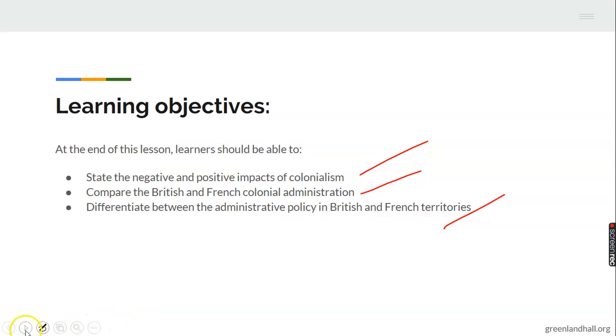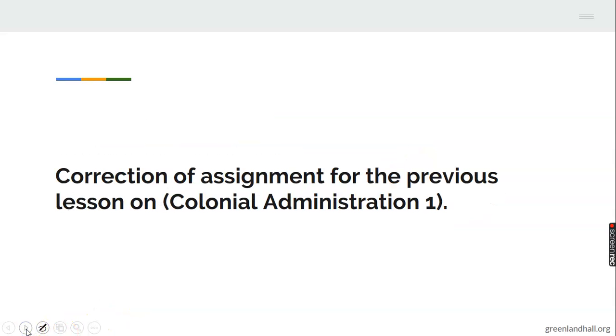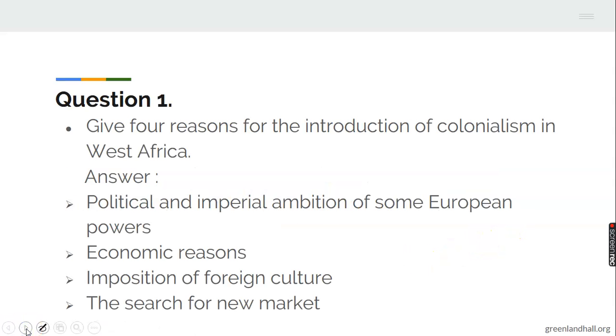Before we proceed, let us look at the correction of the assignment for the previous lesson on Colonial Administration 1. Question 1. Give 4 reasons for the introduction of colonialism in West Africa.